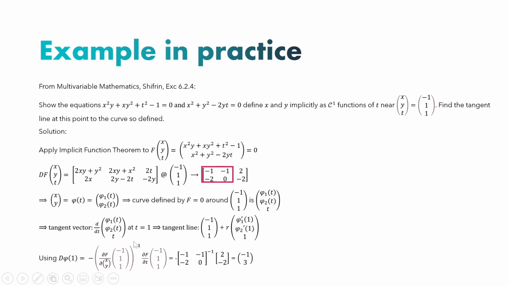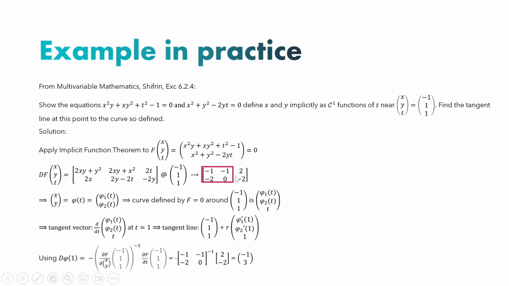So it's minus the inverse of the submatrix of partial derivatives with respect to the variables that we want to solve for, which are x and y in this case. So we're taking that submatrix, evaluated at our point, and then multiplying it by the partial with respect to the variables that we are solving in terms of, which in this case is t, and again evaluated at the point minus 1, 1, 1.